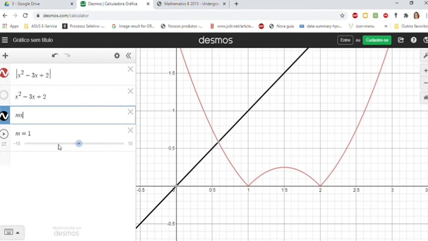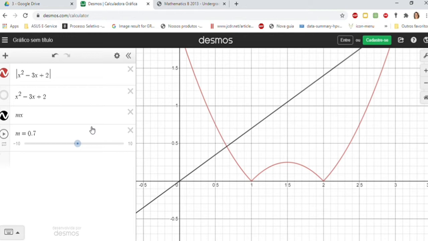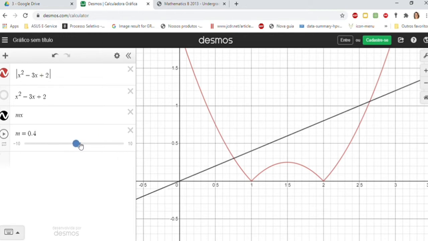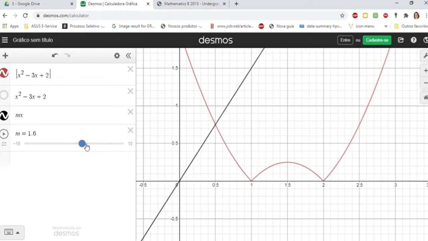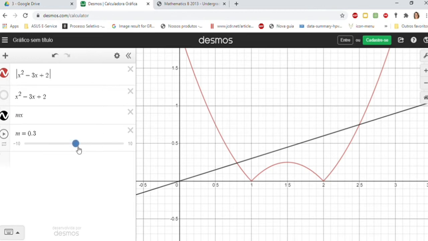So look, when we vary m, look what happens with this line, the dark line. It can go there: 6.2, 6.1, 6, 4, 0, it's on the x-axis, 3. You see, this m is the angular coefficient. It manipulates where the angle is. So when it's over here, how many solutions do we have?